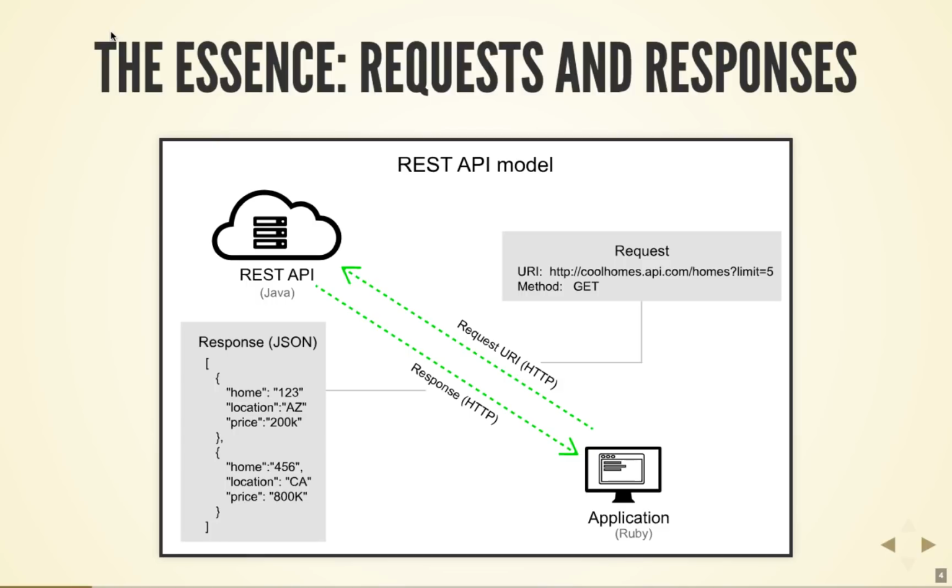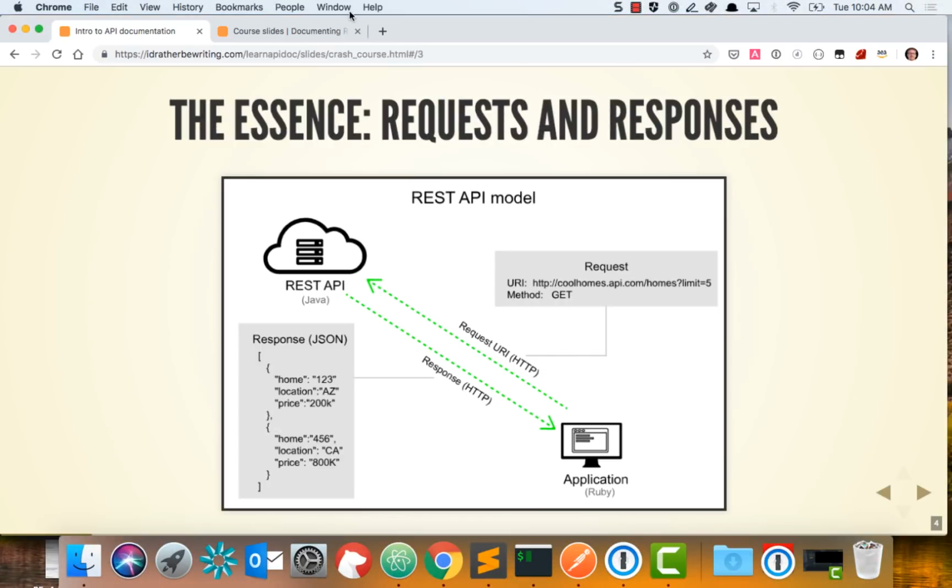All of the programming languages pretty much can execute a request to a REST API because REST uses HTTP as what's called the transport protocol. The request is sent out over HTTP. If you think about it, the web works in the same way.